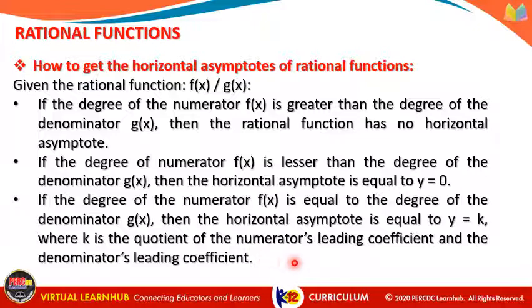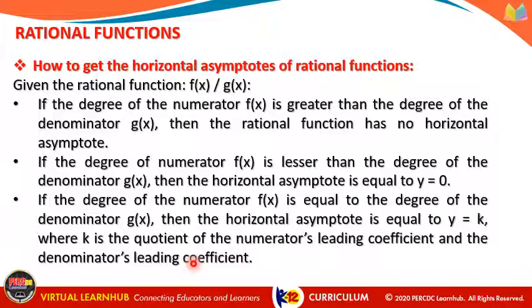Again, kung nakita mo na equal yung degree ng numerator at denominator, para makuha mo yung y equals k, pag-dividin mo lang daw yung leading coefficient ng numerator at yung leading coefficient ng denominator. Okay? So, yan lang yan. So, yan po yung mga steps natin on getting the asymptotes.